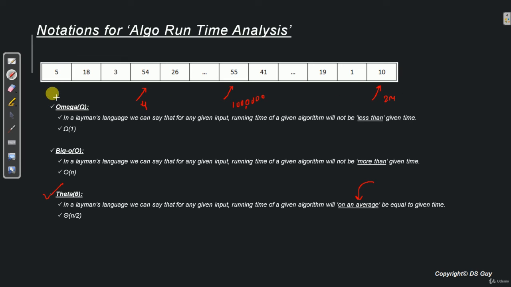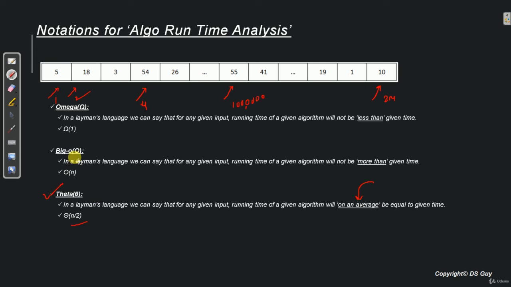And then sometimes we might find number 5 or 18, which might take 1 or 2 units of time. So you see that depending on what kind of data we are trying to retrieve from this array, our performance changes. Sometimes it takes 1 unit of time, other times it might take 1 or even 2 million units of time. So when we do an average on a huge set of data, the runtime comes to n divided by 2, which is denoted by theta.